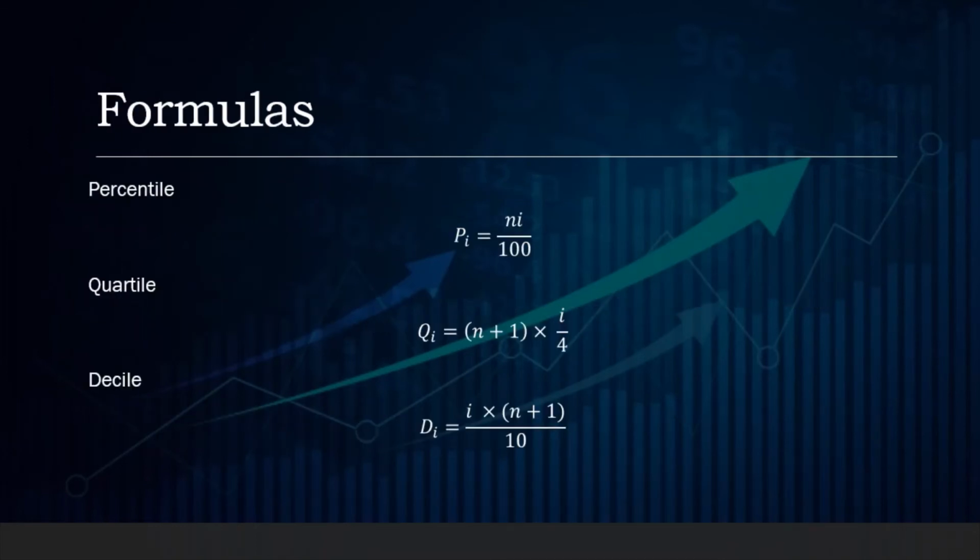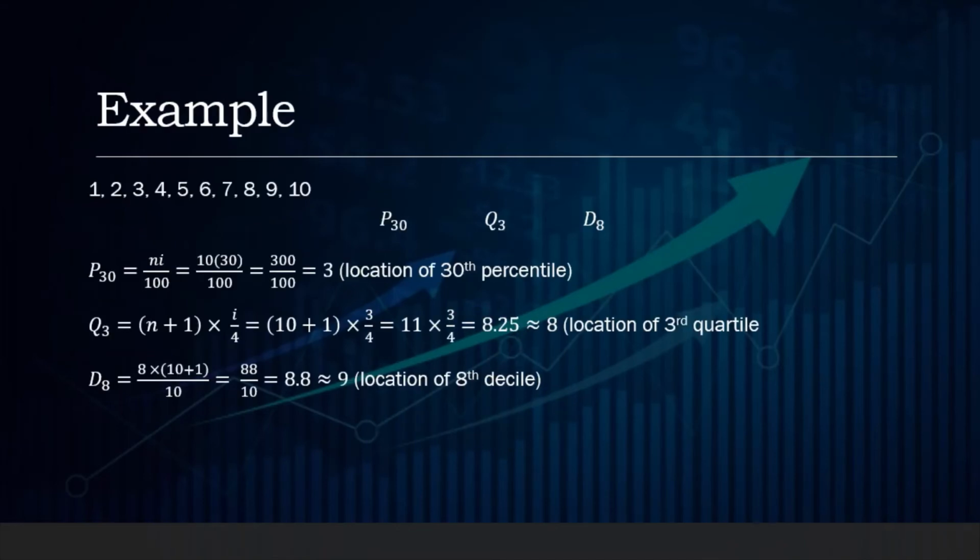Here is the formula to get the percentile, quartile, and decile. Example of it is 1, 2, 3, 4, 5, 6, 7, 8, 9, 10. In this problem, we are looking for the 30th percentile, 3rd quartile, and 8th decile.